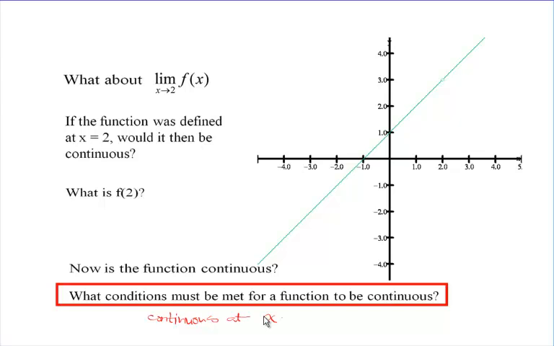Continuity at a single point in the plane. Well, we said we were continuous when the limit was 3 and the output of the function was 3. So there are conditions that need to be met in order for a function to be continuous at a point.